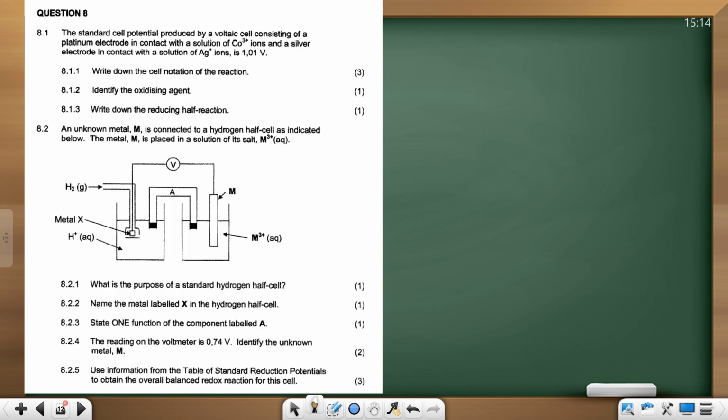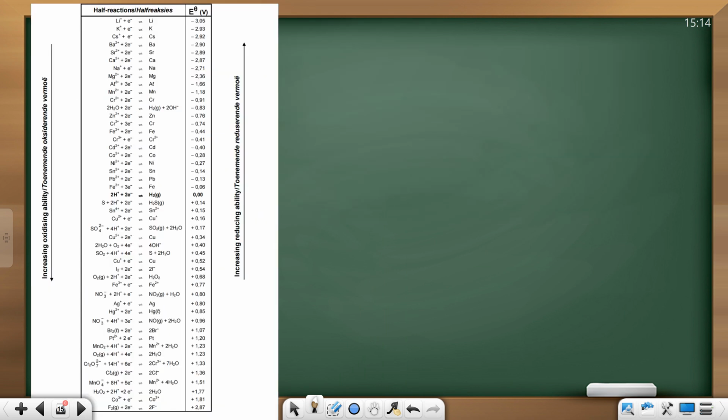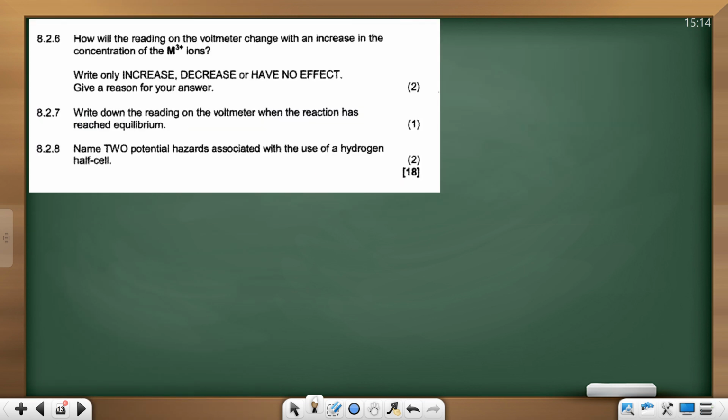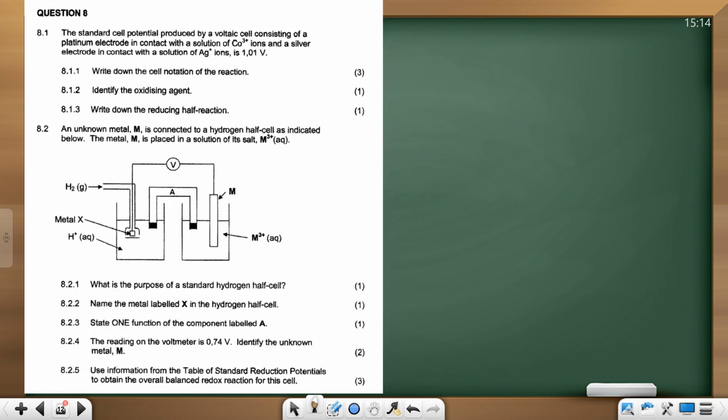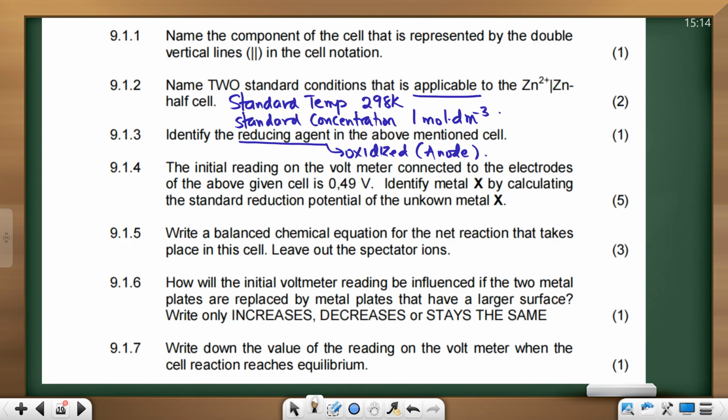Guys, are we okay with the 3 marks? Everybody okay with the 3 marks? Everybody okay? Talk to me. I need us to move very fast now. You get your 3 marks there. Don't you see 100% in this question already?